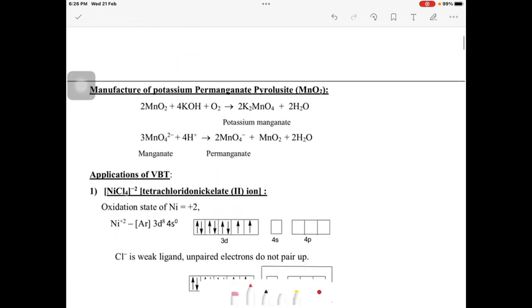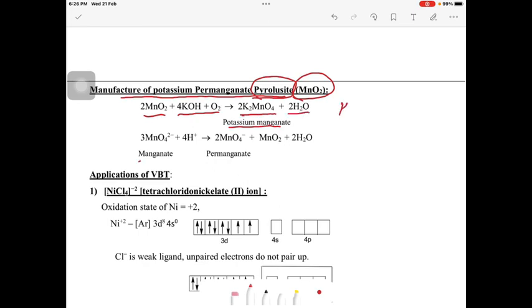Next, manufacture of potassium permanganate from pyrolusite, that is MnO2. When MnO2 undergoes oxidation in the presence of the base KOH, it gives rise to potassium manganate, K2MnO4, and H2O as a byproduct.